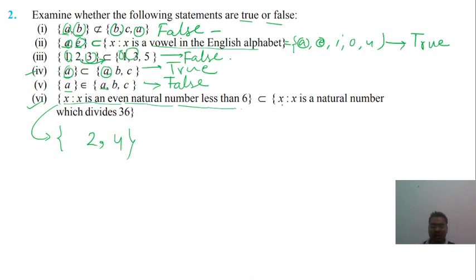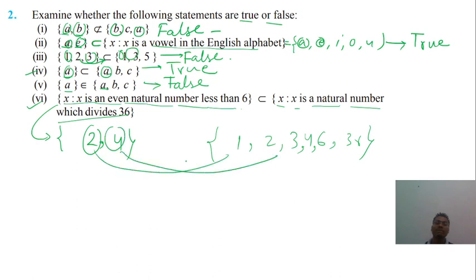And our second set is X is a natural number that divides 36. 1 divides 36, 2 divides 36, 3 divides 36, then 6, 36, and 4 can also divide 36. So there are a lot of numbers, and 2 and 4 are present here, so we say it is a subset, and we put a true sign here.